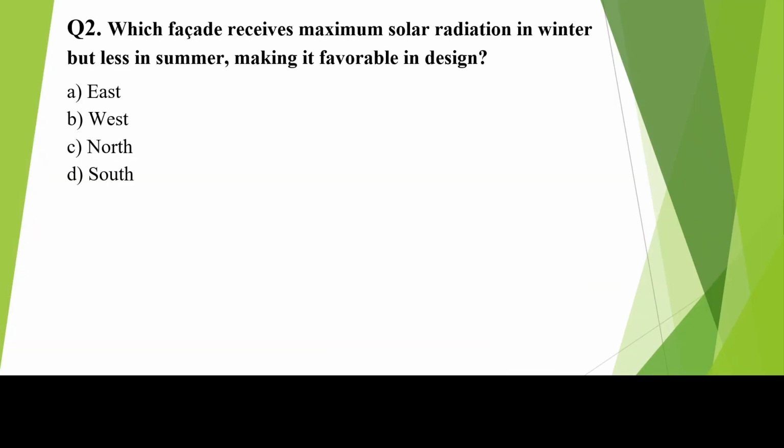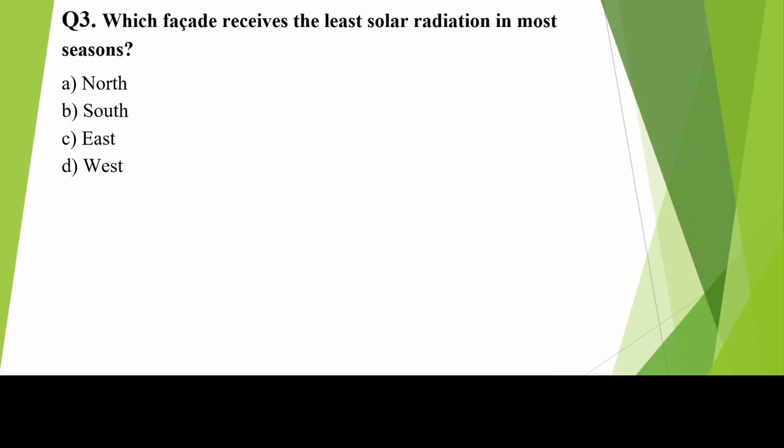Here is the third question in front of you all. Which facade receives the least solar radiation in most seasons? If you are talking about all the seasons, which side of the building facade will receive the least amount of solar radiation?